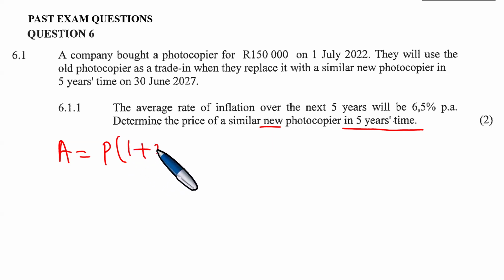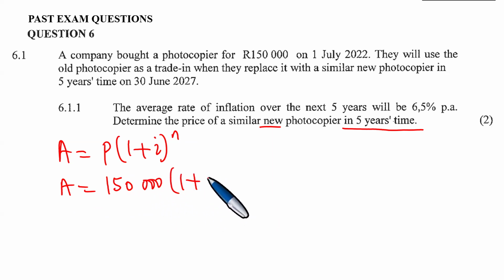We're going to use 1 plus i because we understand that subject to inflation, the value is going to increase. So now we start with 150,000 times 1 plus 6.5 divided by 100.